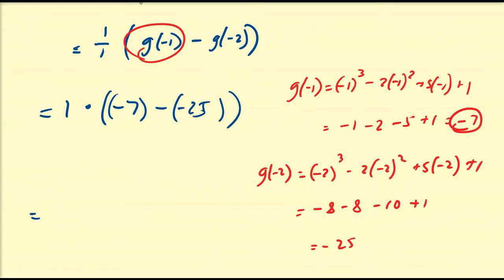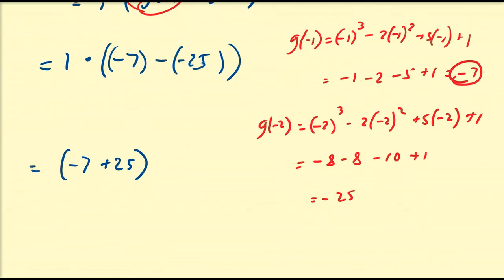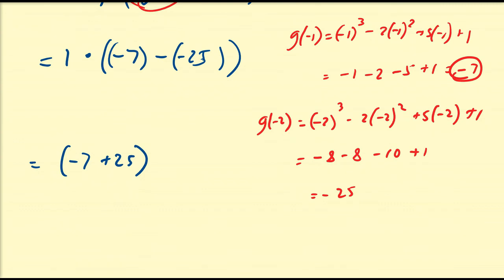Great, so we have -7 plus 25, and 25 minus 7 is 18.